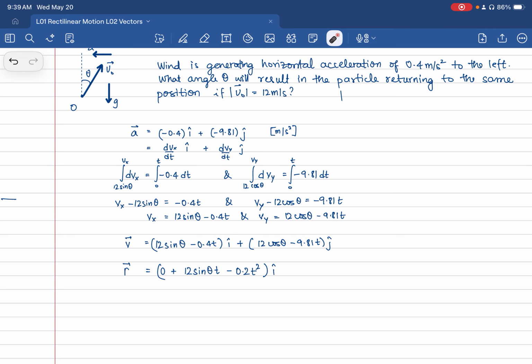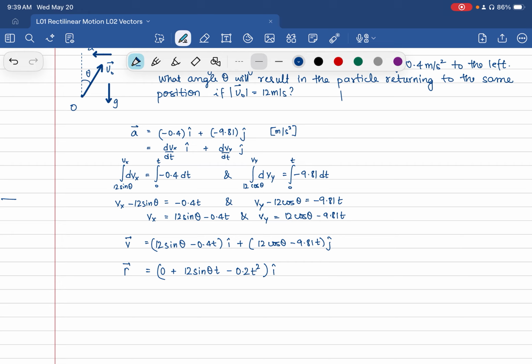It starts at 0 because that's what we're assuming to be our origin. And then for the y component, starts at 0 plus 12 cos theta t minus 9.81 t squared by 2, or 4.91 t squared, j hat.